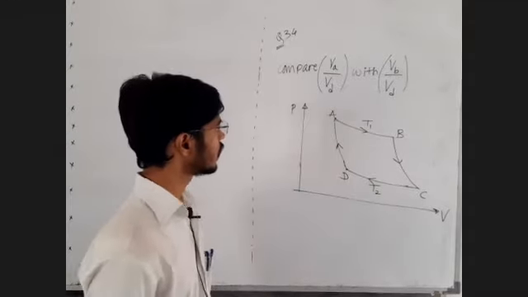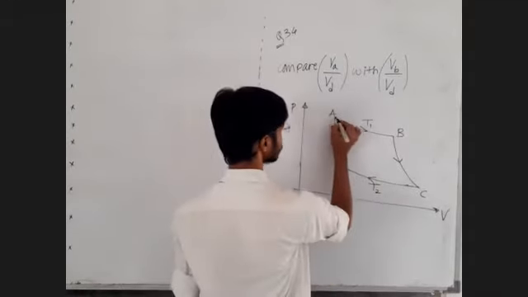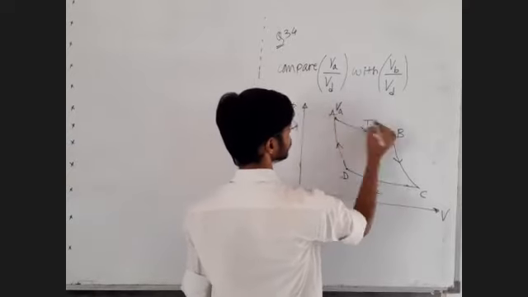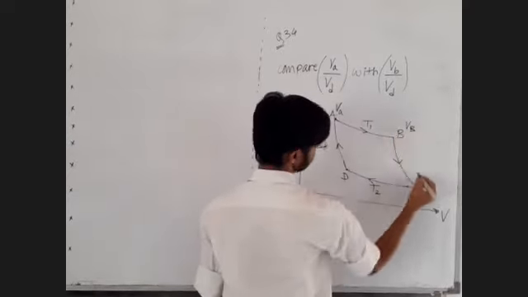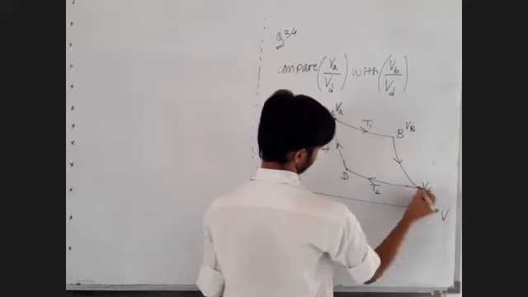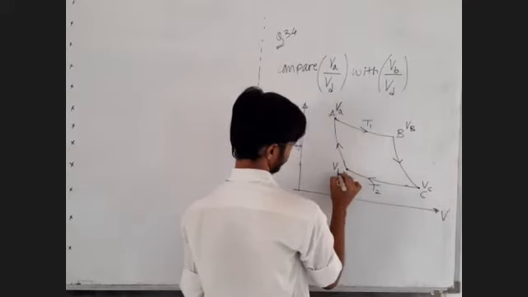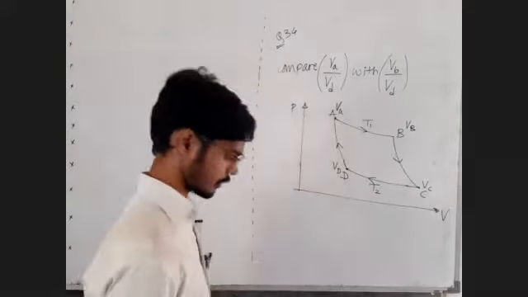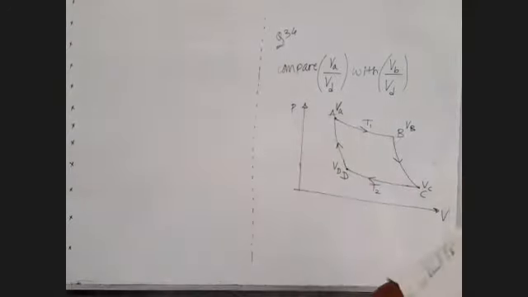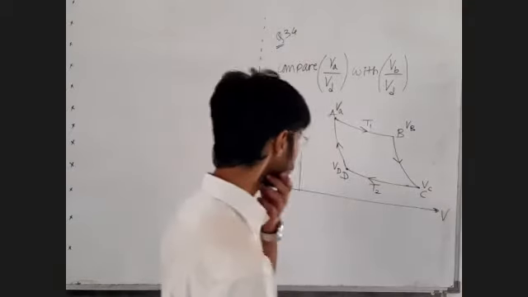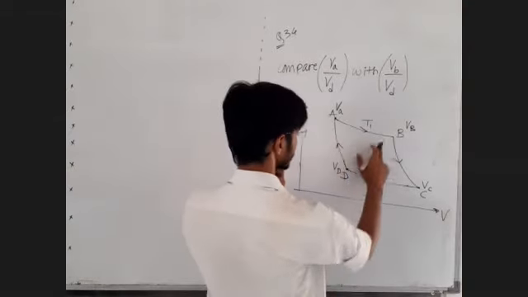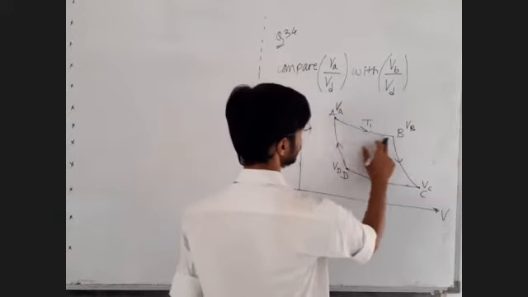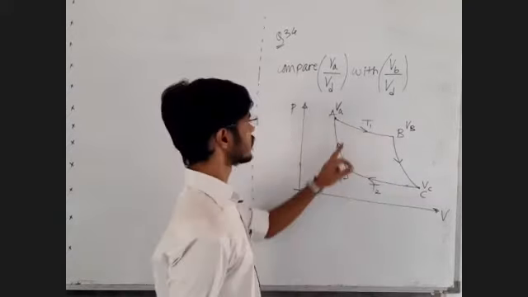Okay, sir. Fine. So we have to compare all the volumes. Let's say this volume is VA, this one is VB, at this point volume is VC, at this point volume is VD. Now you can observe that this is isothermal, this is isothermal, this is adiabatic, this is adiabatic. What is being conserved here?